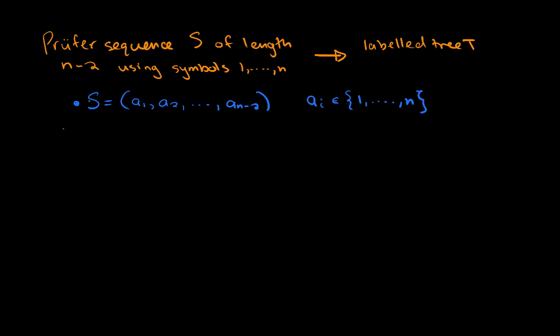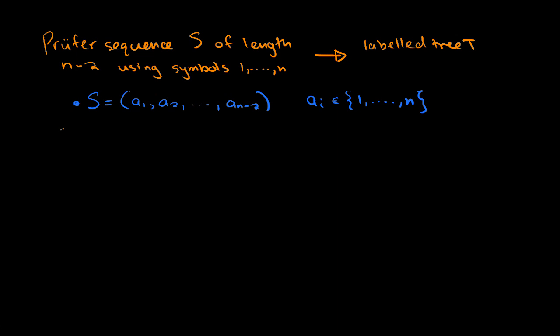So we want to take a Prufer sequence, which has length n minus 2 and uses symbols 1 to n. Not every symbol might be here. Remember that in our last example, we got a Prufer sequence 1, 7, 6, 6, 1. That didn't involve the symbol 2, but it did involve the symbol 6 twice. So that's possible.